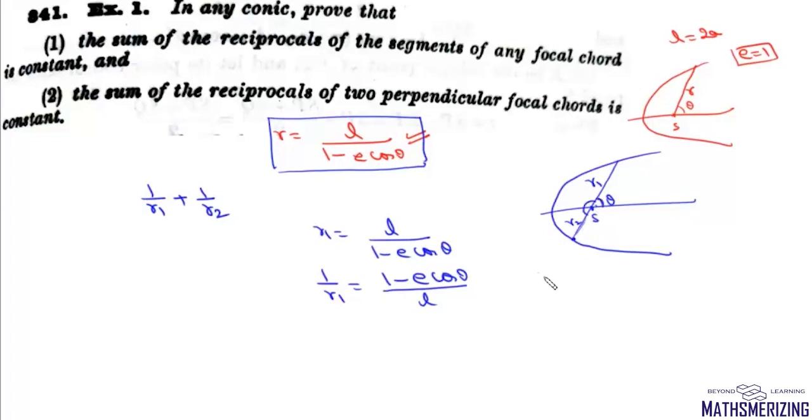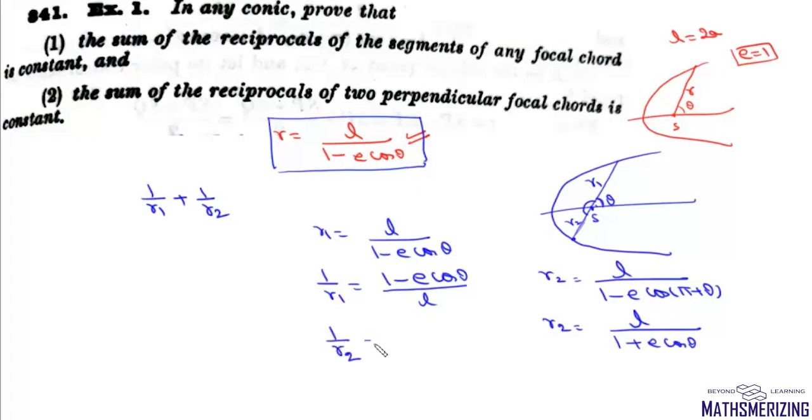So we can write R2 as L upon 1 minus e cos(pi plus theta). Now cos(pi plus theta) is minus cos theta. So we can write R2 as L upon 1 plus e cos theta, and we'll rearrange again. We'll write 1 upon R2 as (1 plus e cos theta) upon L.